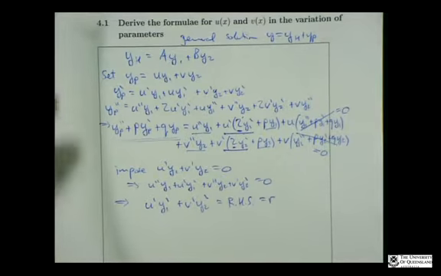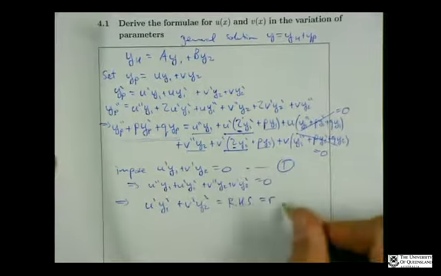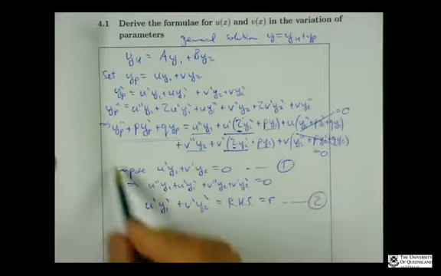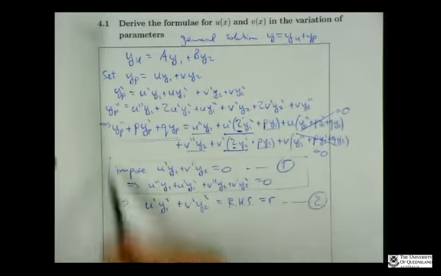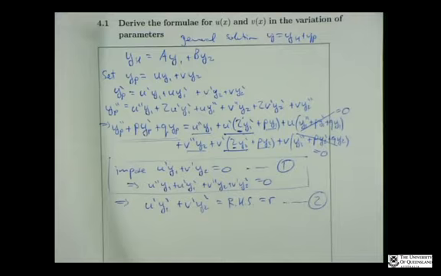So now we've got 2 equations. Here's the first one, and here's the second. Once we impose that condition, that gives us one equation in our unknowns u and v, and then we've got this second equation. So we've got 2 equations and 2 unknowns.